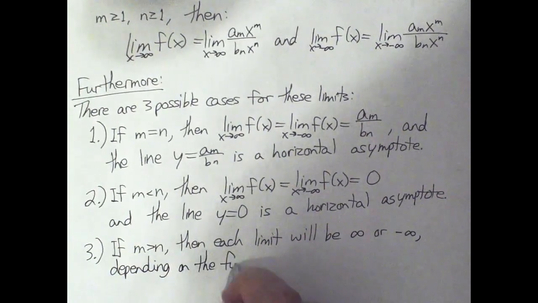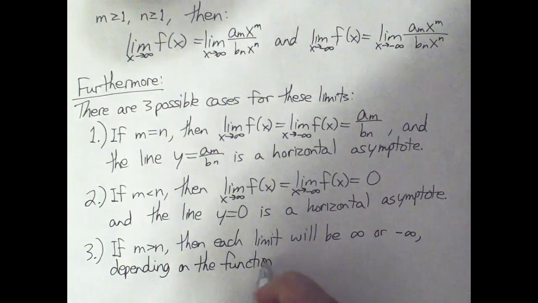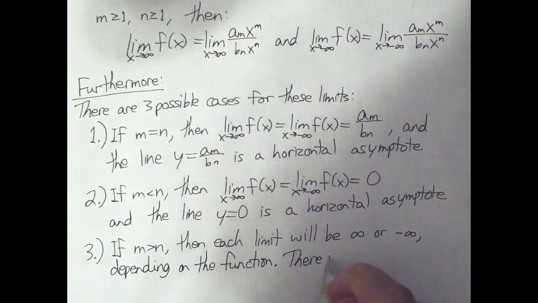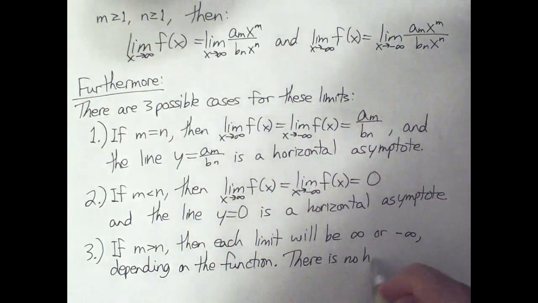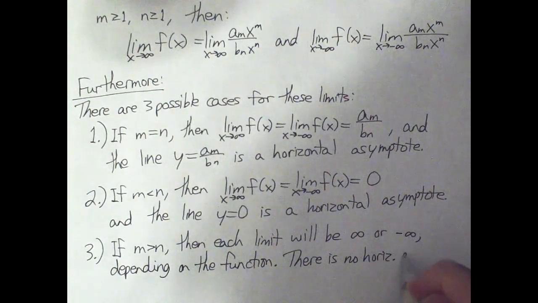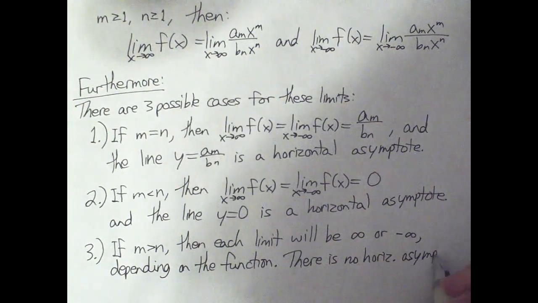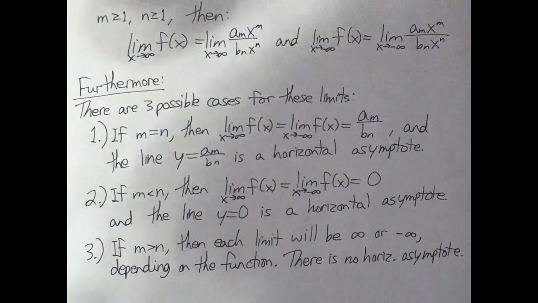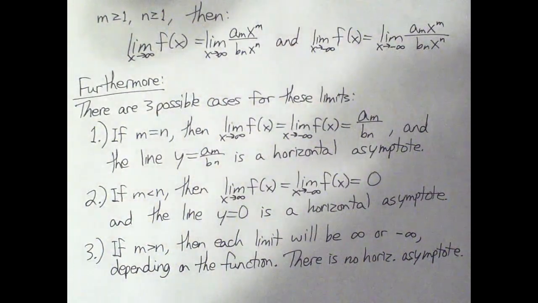You have to look at if things are positive or negative. And then there is no horizontal asymptote. It makes sense that we needed to have a case like this because some rational functions just don't have horizontal asymptotes. So they fall into case 3.